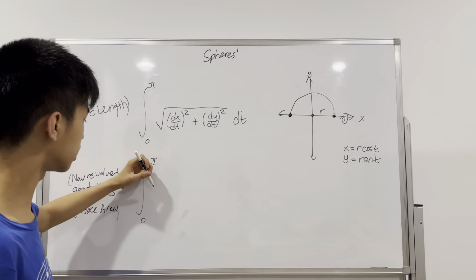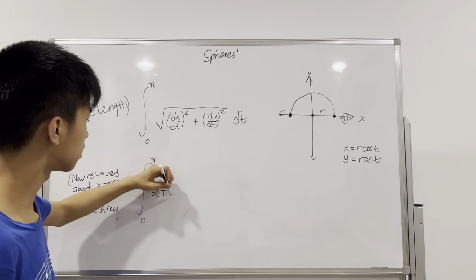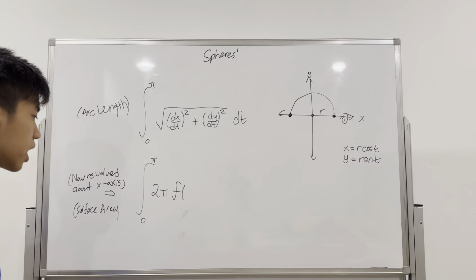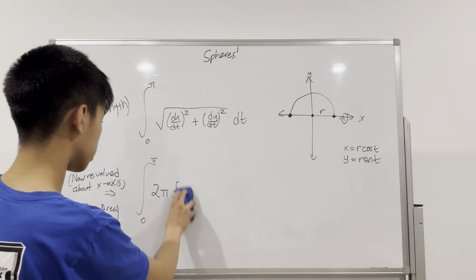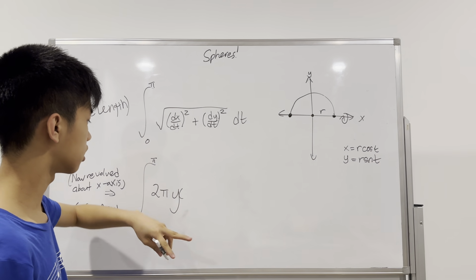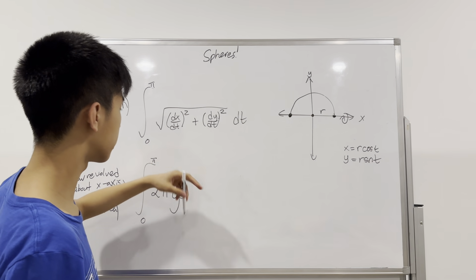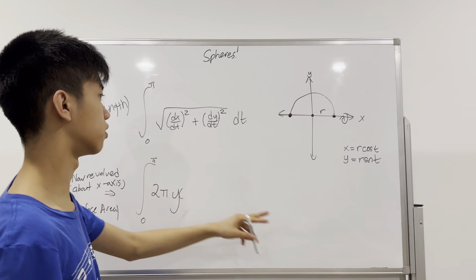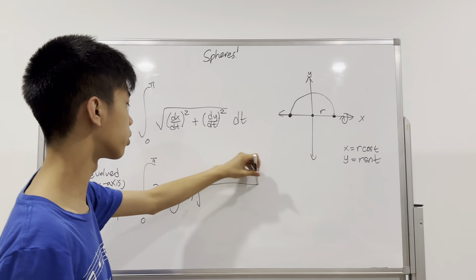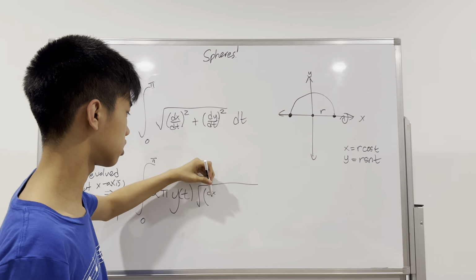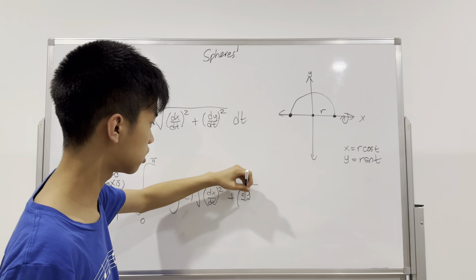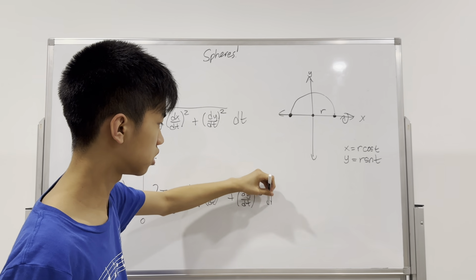There's a derivation for this, but I'm not going to cover it. Basically, you get a whole new formula: 2 pi times f, which could be f of x, but in this case it's just y as a function of t, so y of t, times the square root of dx dt squared plus dy dt squared, dt.